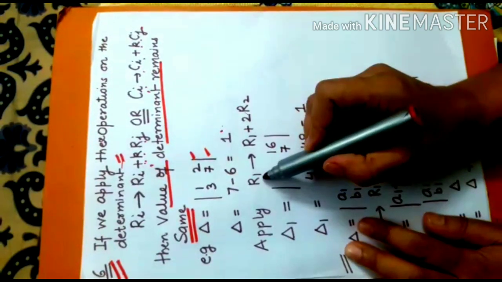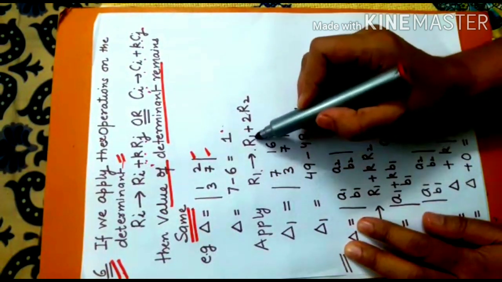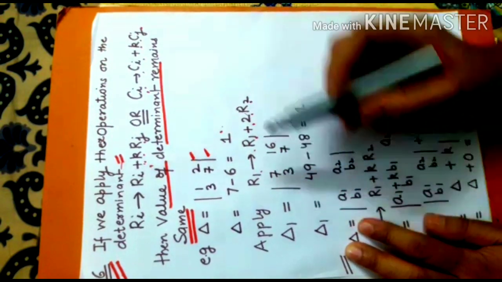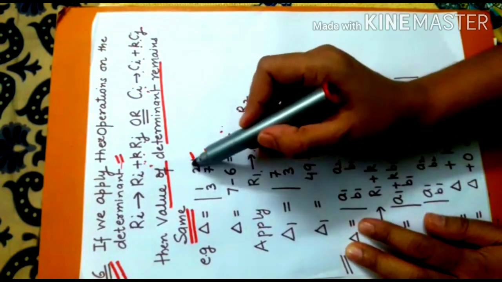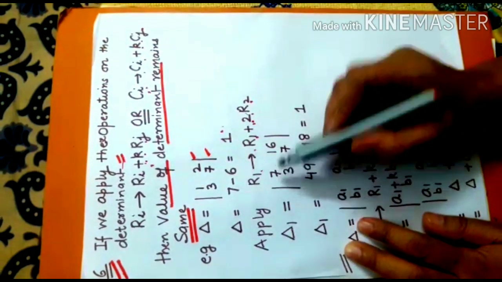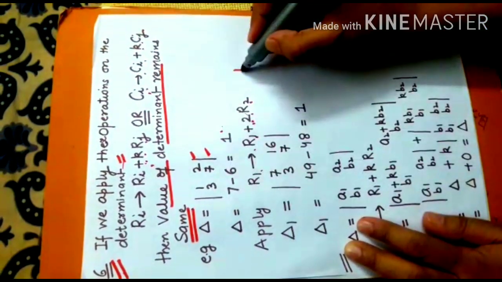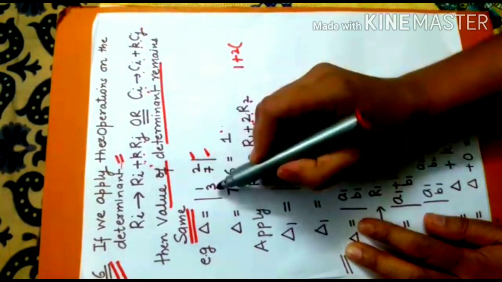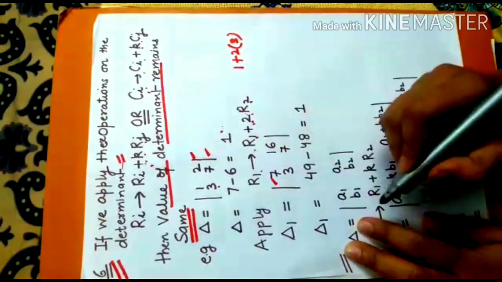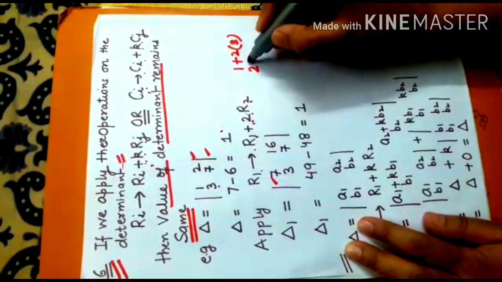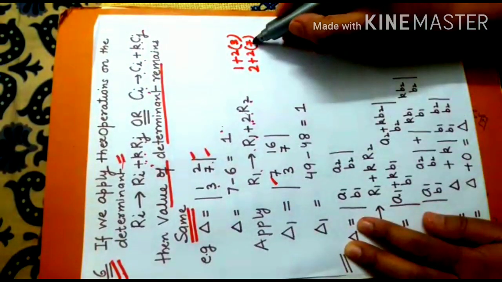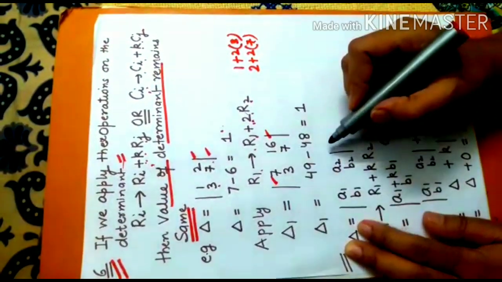Now apply the operation R1 changes to R1 plus 2 times R2. So I have to change the first row using this. The first row will become 1 plus 2 times the corresponding element of the second row, which gives 7, and 2 plus 2 times the corresponding element of the second row, which is 7, so that gives 16.